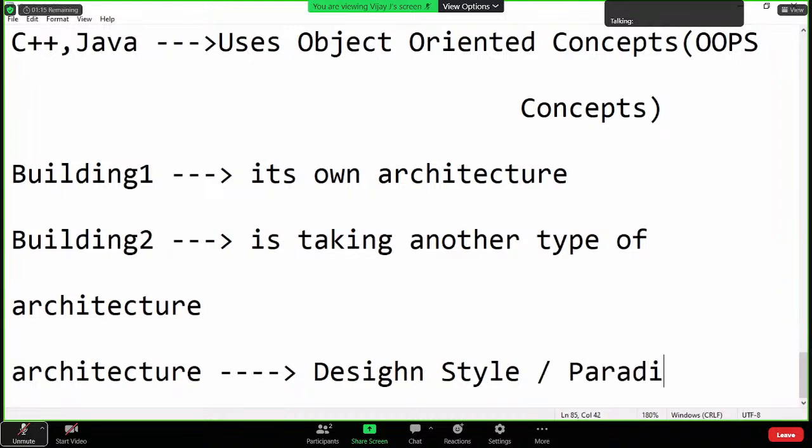Paradigm means the format, the style. Building one may have its own style, building two has its own style. But why do we have a different style? Because the architectures are differing.